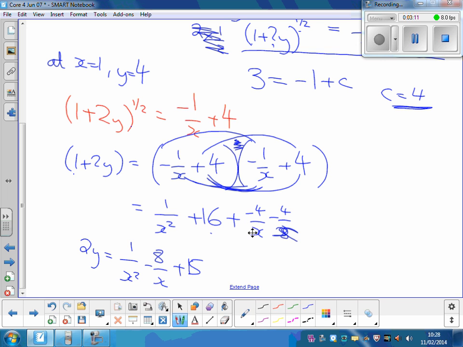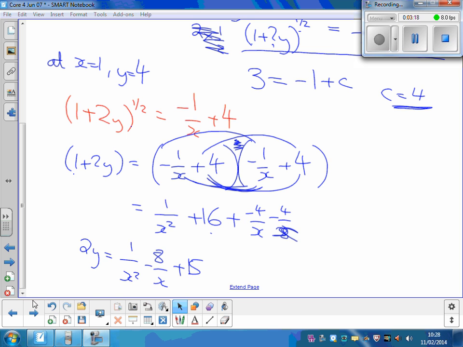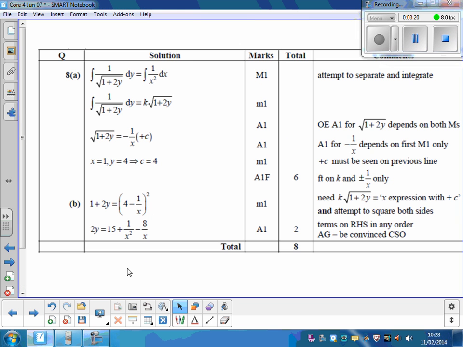Finally, half of that gives the answer that they asked you to get. And there's your mark scheme for that bit there. All done.